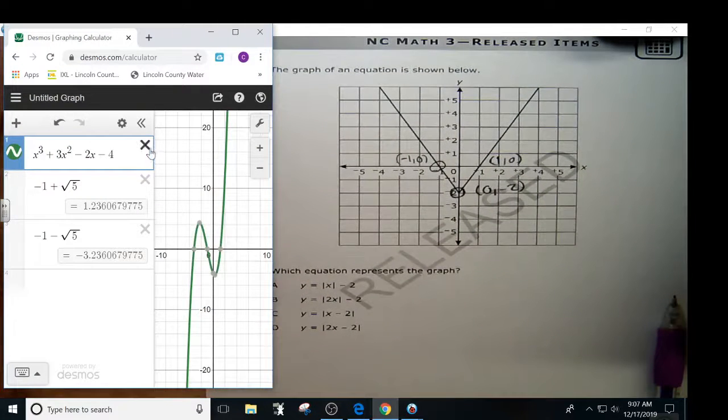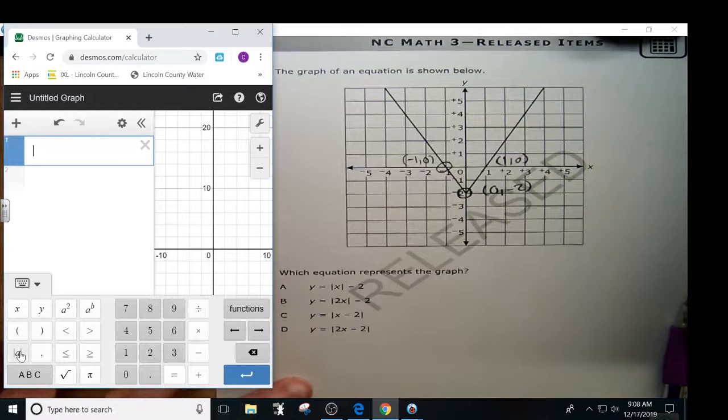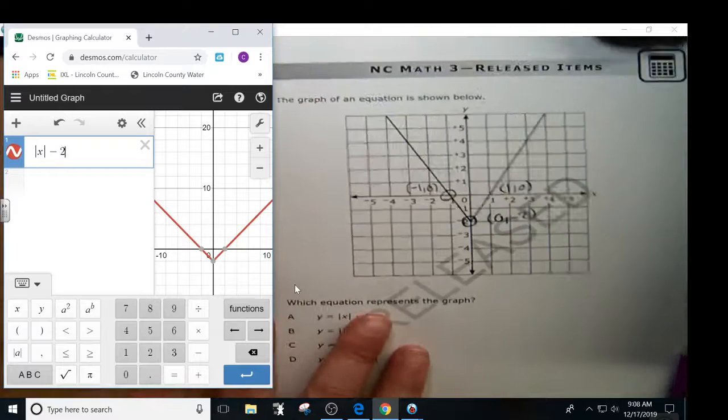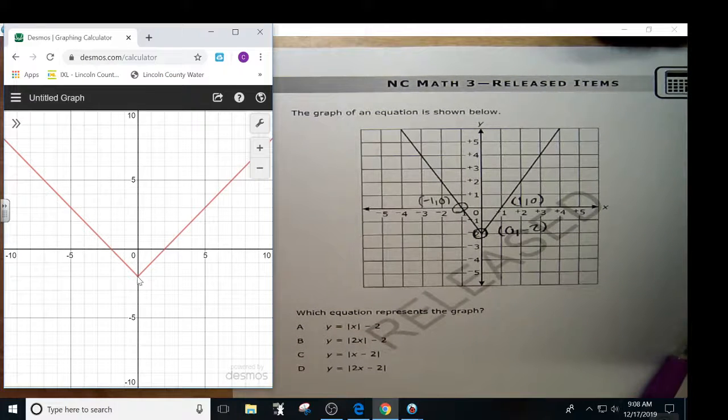All right, so let's clear this out. Okay, now, guys, on Desmos, the absolute values here. Looking at this problem right here, my vertex is 0, -2.